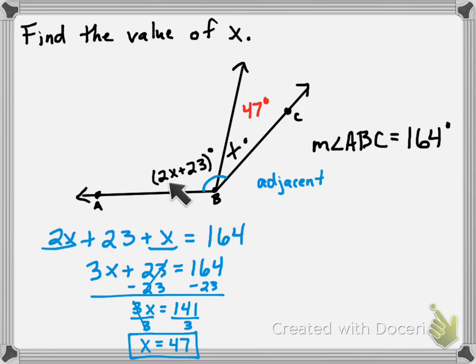And I have to do 2 times 47 plus 23, and that gives me 117 degrees. And one last check to make sure that I know I'm right is if I add 117 and 47, I do get 164, so I know that those are the right angles.